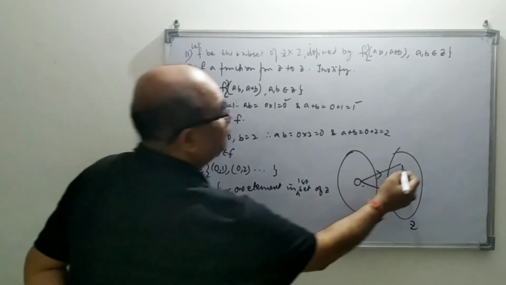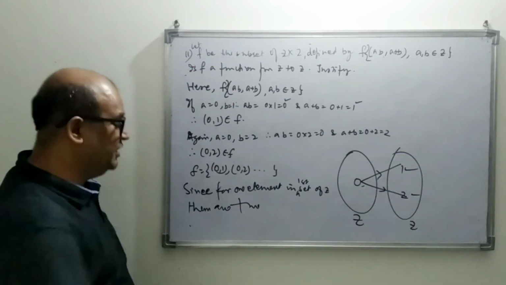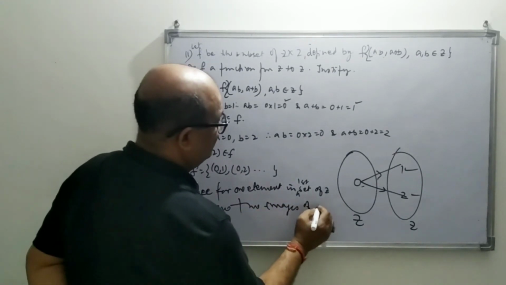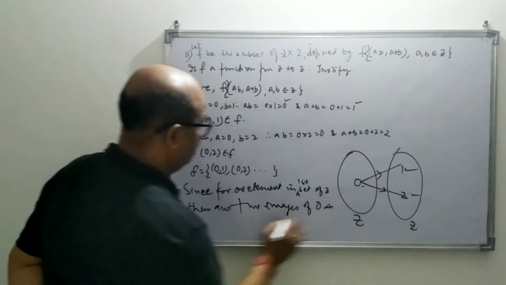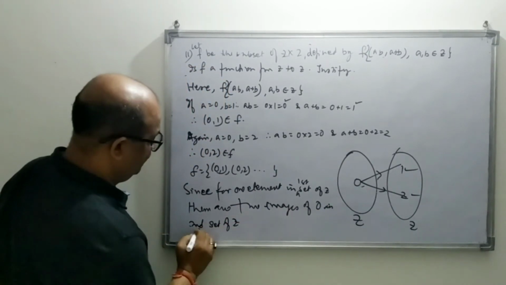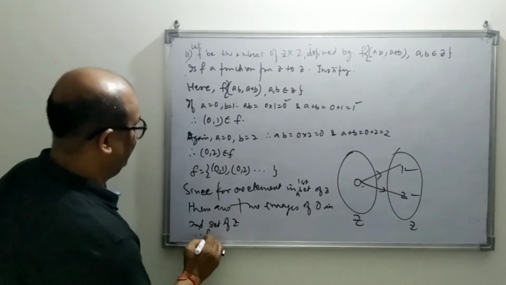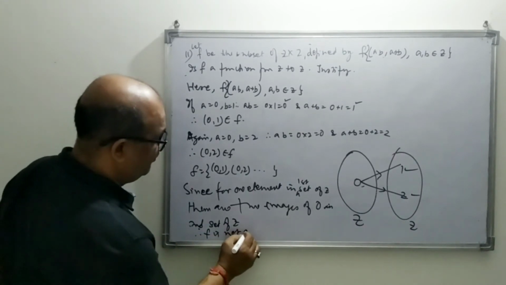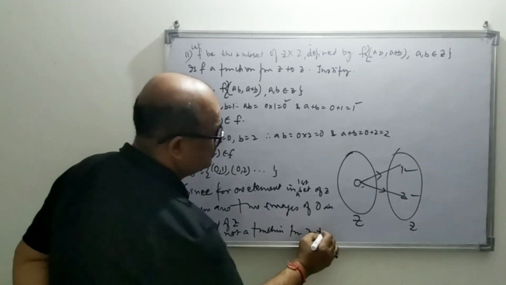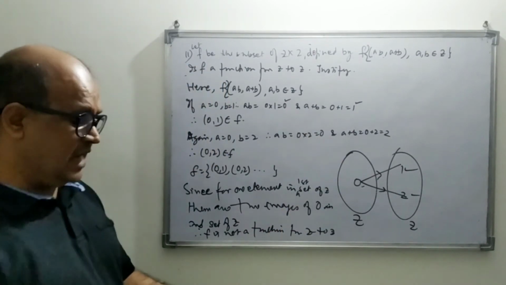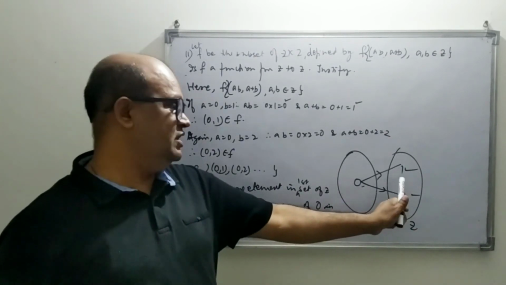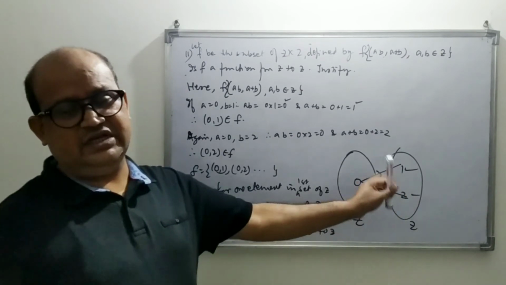Here also 1 and 2. There are two images of 0 in the second set of Z. Therefore, F is not a function from Z to Z, since one element in the first set has two images in the second set, so it is not a function.